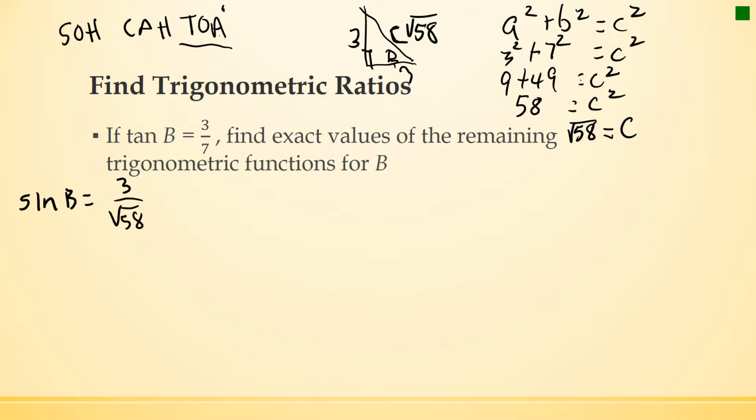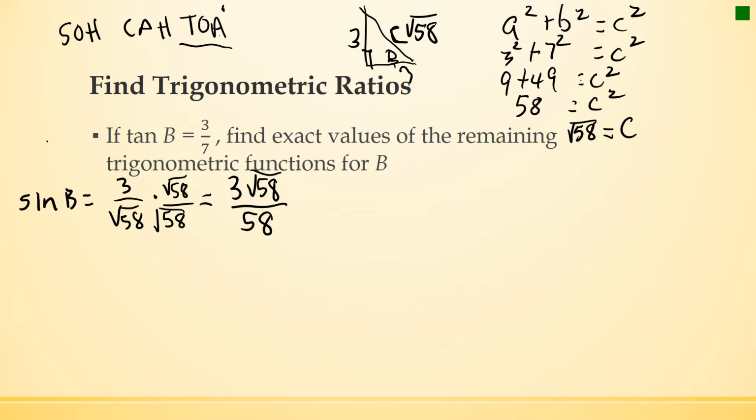Now, you may remember it's bad manners mathematically to leave a square root in the denominator. So we're going to multiply this by the square root of 58 over the square root of 58. And that's going to leave us with 3 times the square root of 58 over 58. There's the sine of B.